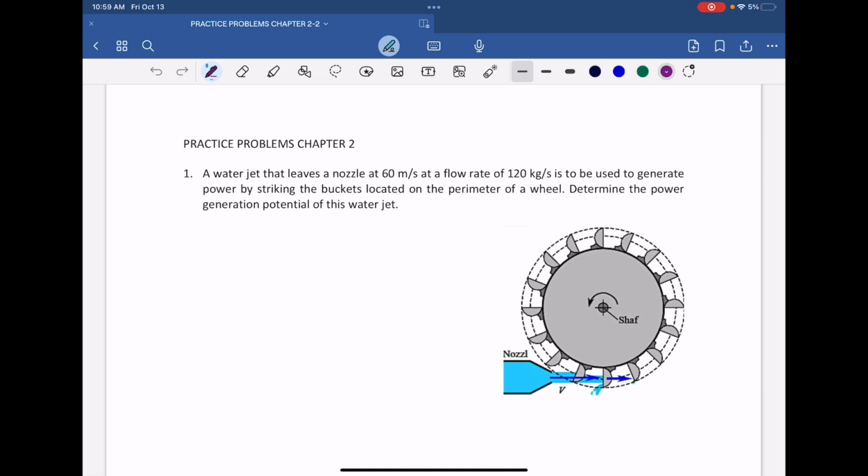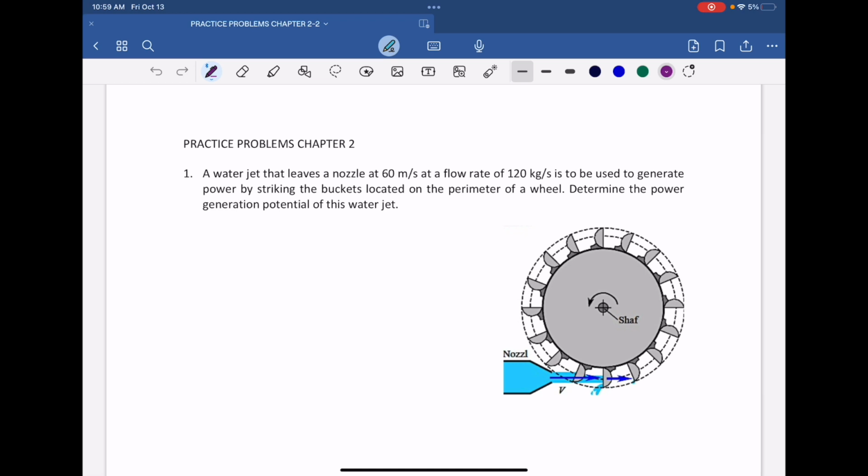So we have the water jet and its velocity is given. Obviously, it has its own kinetic energy. In other words, it's mechanical energy that is capable of doing work, right? Rotating the shaft.